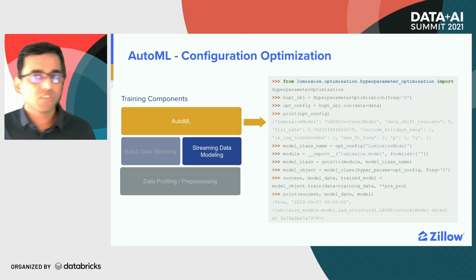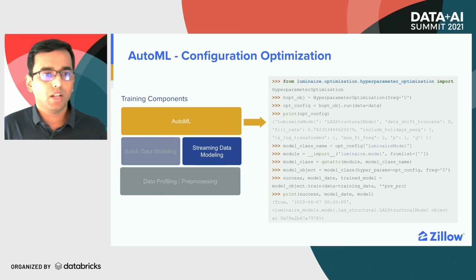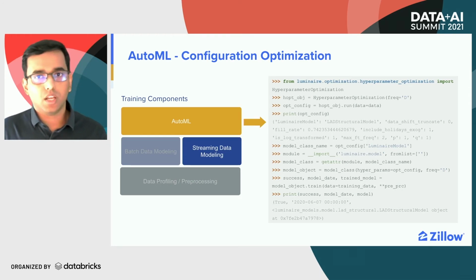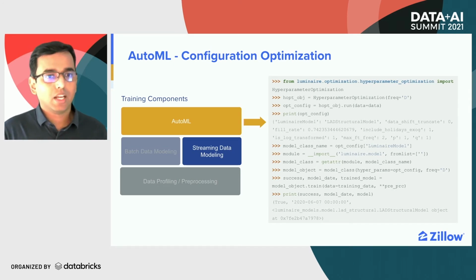Finally, at the top of the training component, we have the AutoML layer, and that AutoML layer consists of an optimization algorithm, which can optimize all the data transformation steps, data truncation steps, the selection of the models, and also the model parameters that I mentioned in the previous slides. So you can use the Luminaire hyperparameter optimization class, and you can get the best configuration for a given time series.